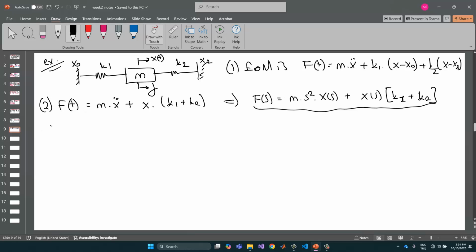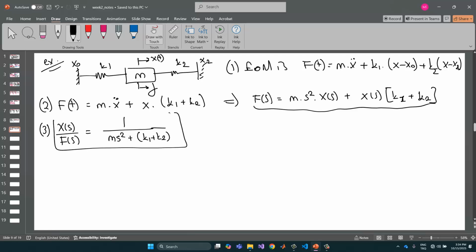And so, what is the transfer function of these terms? X(s) over F(s), which is equal to the what? 1 divided by (m s squared plus k1 plus k2). Okay? This is the transfer function.